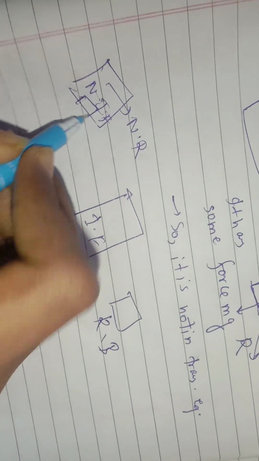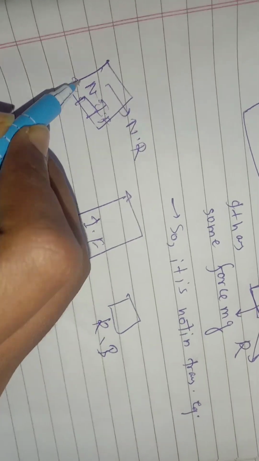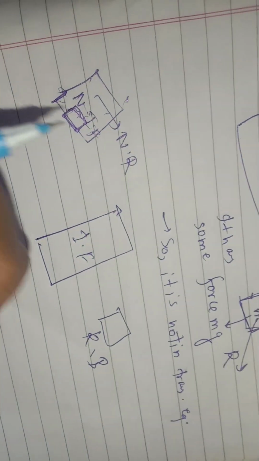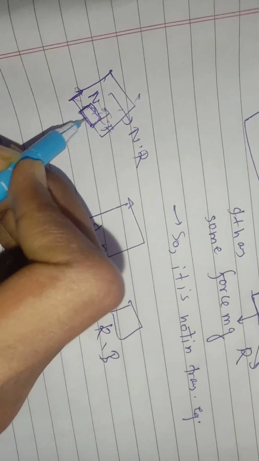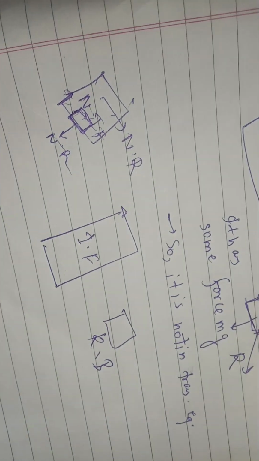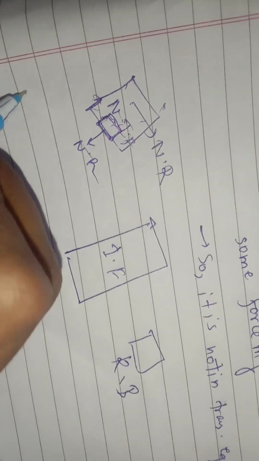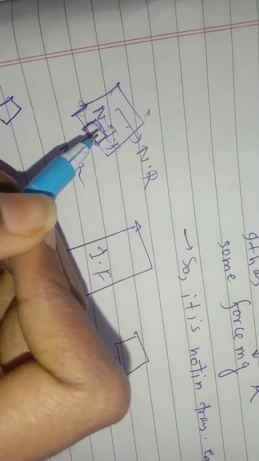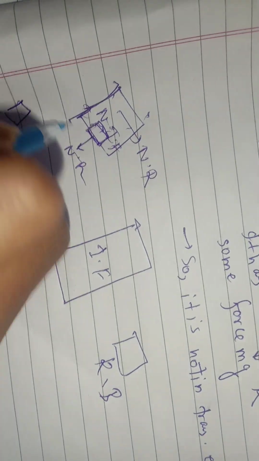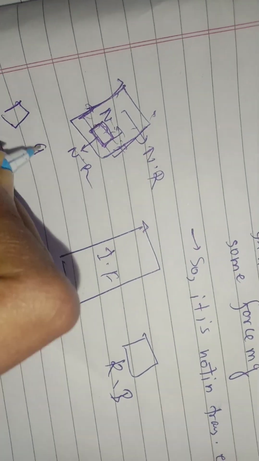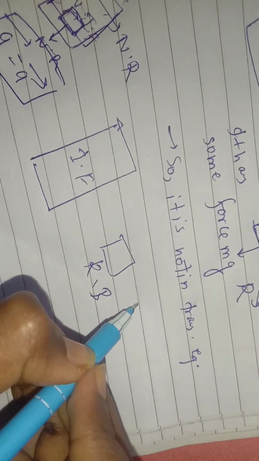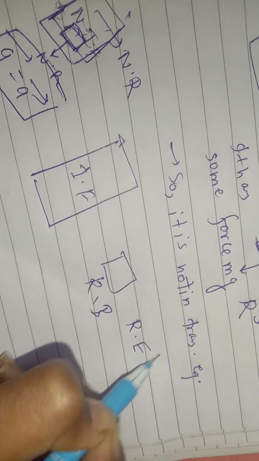So if we consider the case in which the object is kept in the non-inertial frame, then it will also be non-rotating. And if we consider the case when this block has the same acceleration as that of this non-inertial frame, that means the acceleration vector will also be the same, so it will be in rotational equilibrium.